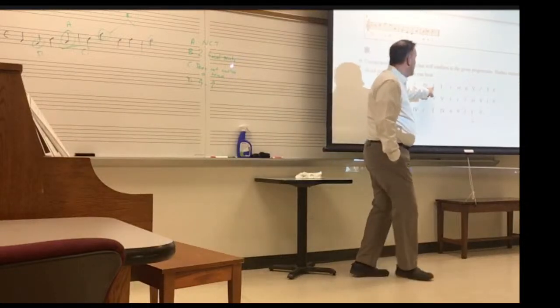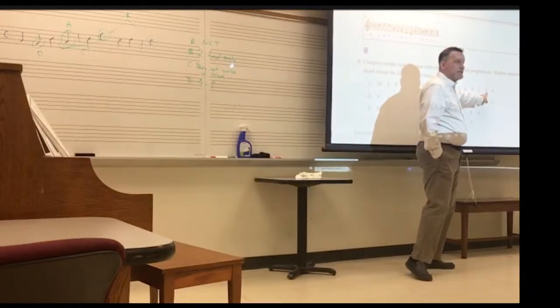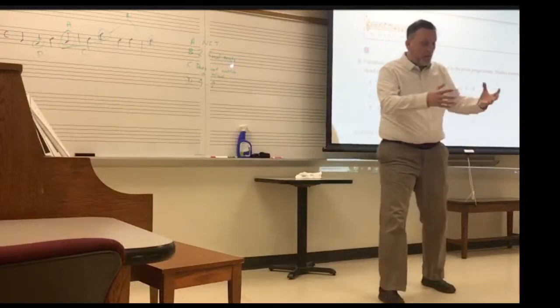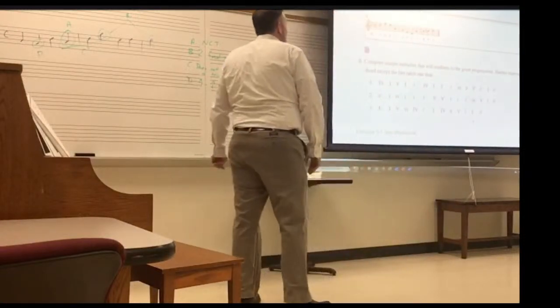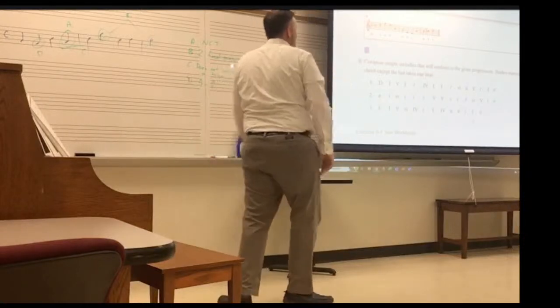The last note should be what type of rhythm? A half note. It fills out the entire measure. Right. Let's take a look at number 3 though, because we have 4 chords per measure.